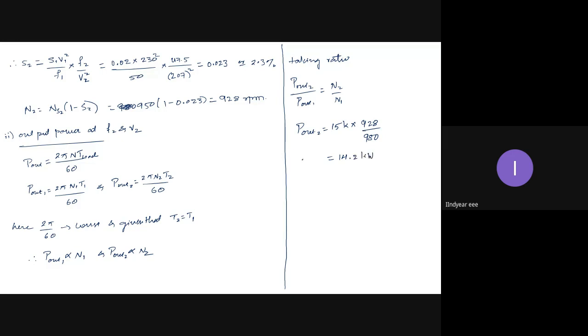So the new power output is 14.2 kilowatt. Okay, so this is the solution of the given problem. Then we will move to the next one.